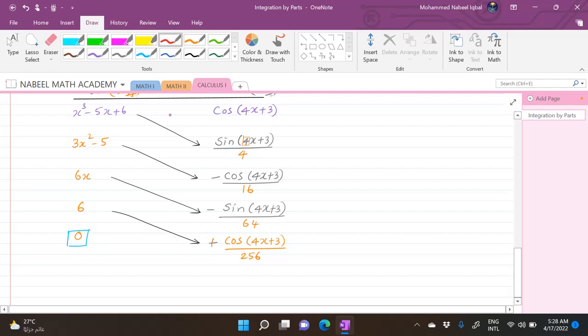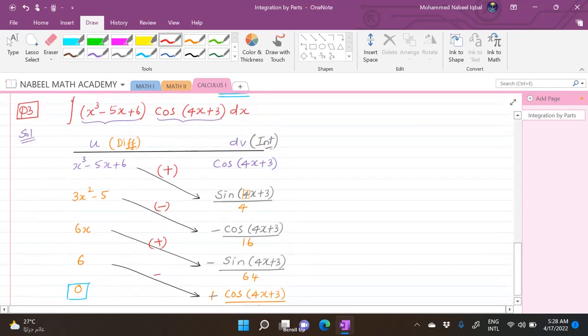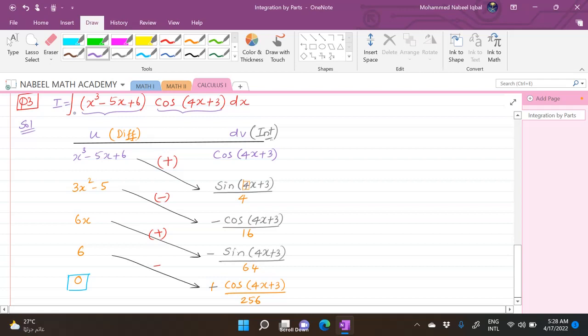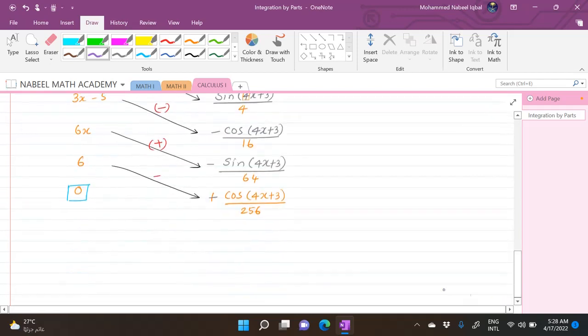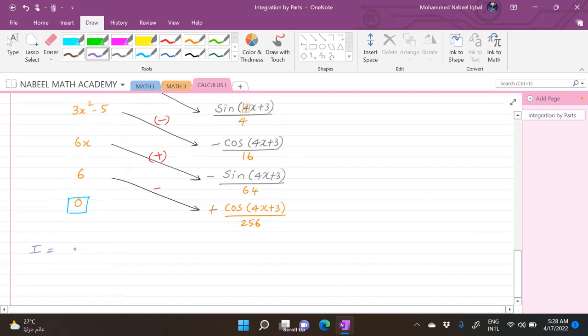As usual, we start with plus, then minus, then plus, then minus. So I will write it. The given integral I can be represented by I equals.